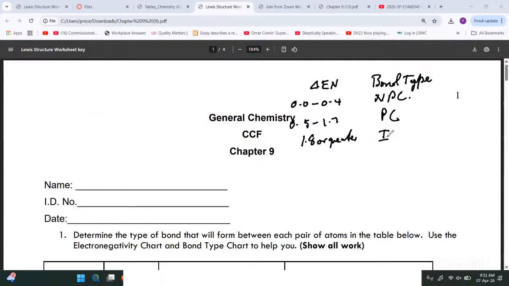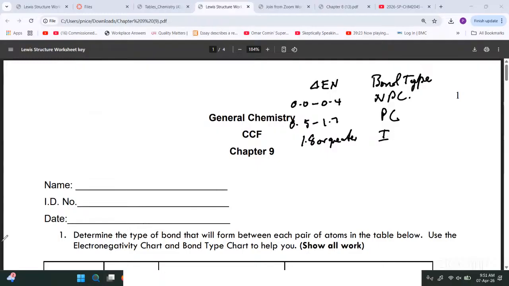So these are the three categories of bond types the question is asking about. Nonpolar covalent, where the difference in electronegativities is between 0.0 and 0.4. Polar covalent, where the difference is between 0.5 and 1.7. And finally, the most extreme, ionic, where the difference in electronegativity of the atoms involved is 1.8 or greater.